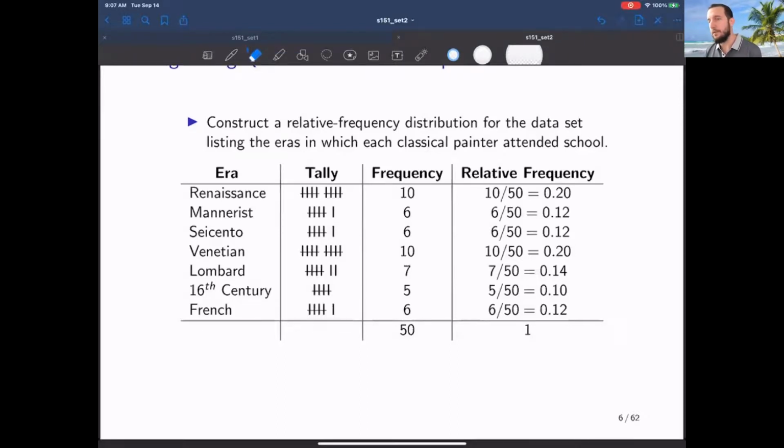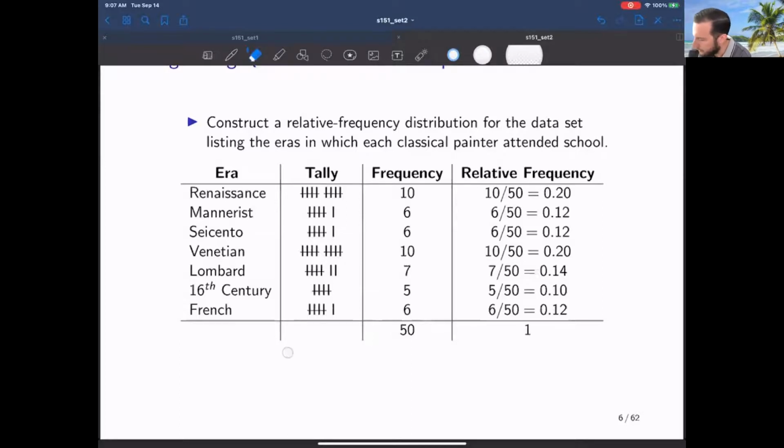You can have simply, for example, era and frequency as one table, and then you can have separately era and relative frequency in a different table. I've combined them here just for space. It's not necessary to follow exactly the same structure that I have written. So based off of the definitions of the two types of distributions, the first and the third column would be the frequency distribution.